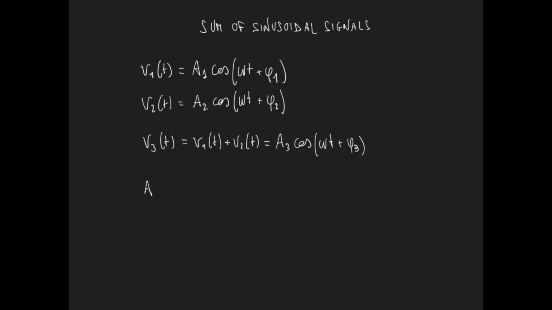Determining A3 and phi 3 may not be a trivial task at all if we work with the signals in the time domain. Working in the phasor domain, we will see, can greatly simplify this operation.